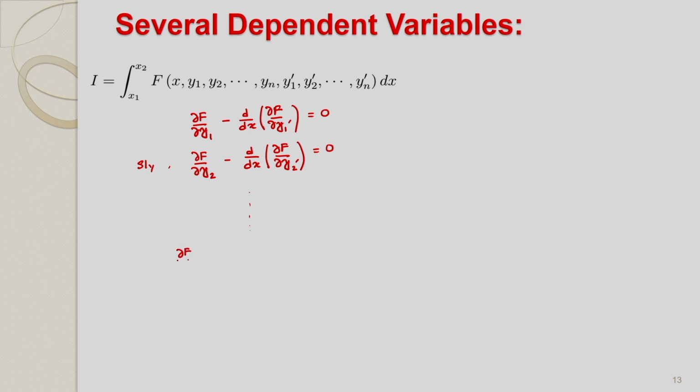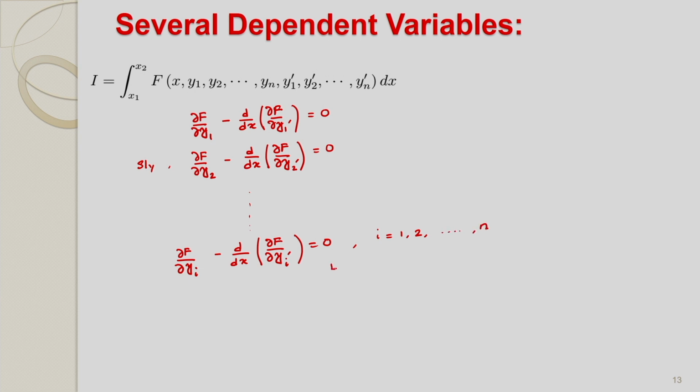So, in general we have, for ith dependent variable, where i equal to 1 to n.